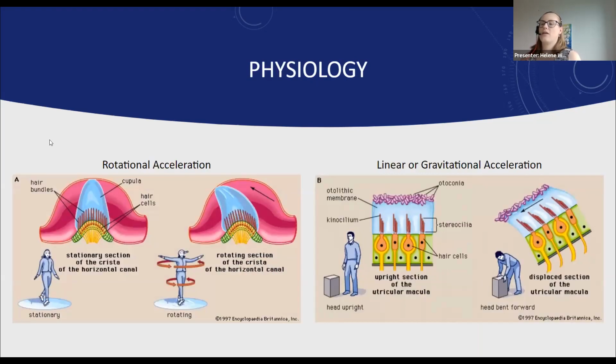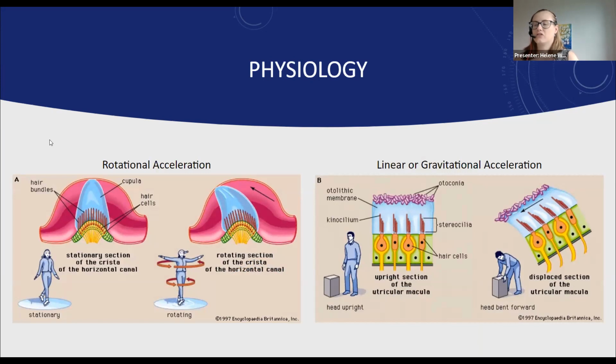As you may be aware, the different parts of the vestibular system are responsible for giving us different information about our balance and our position within space. The semicircular canals focus mainly on telling us about rotational acceleration, so when we're turning in particular directions.